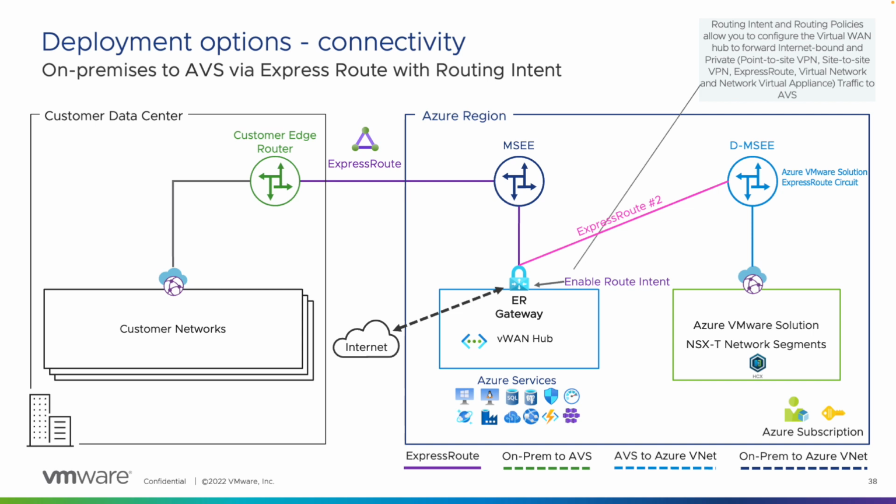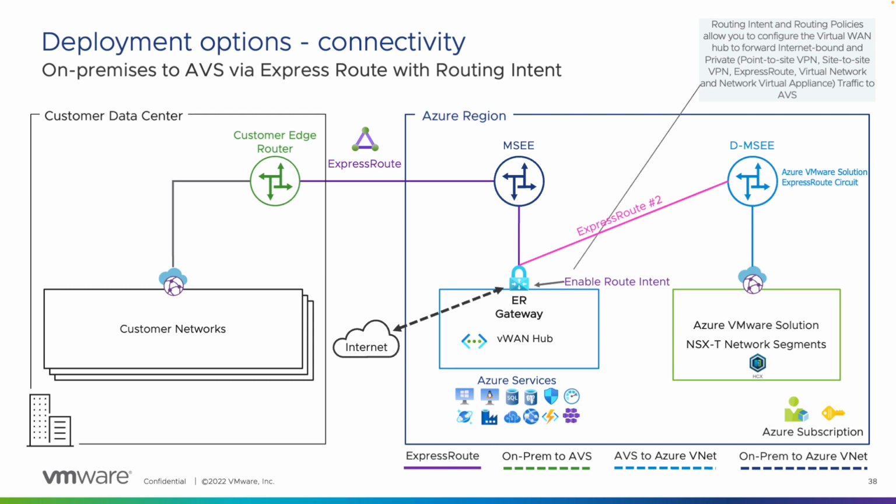Now let's look at a connection option called routing intent. Azure Routing Intent is part of Azure's networking service that allows you to define the desired outcomes or intentions of your network routing. Instead of manually configuring each route, you can specify what you want to achieve with your network traffic, and Azure automates the underlying route table configurations.